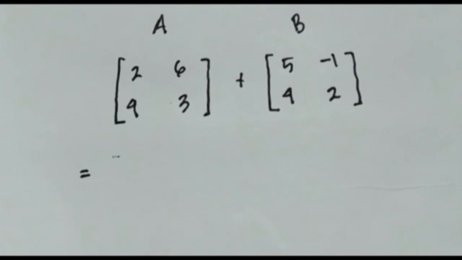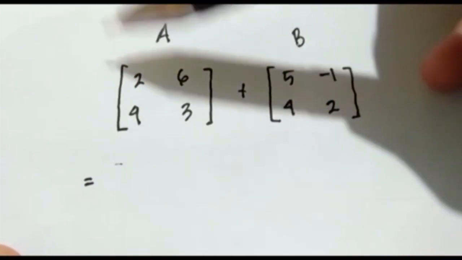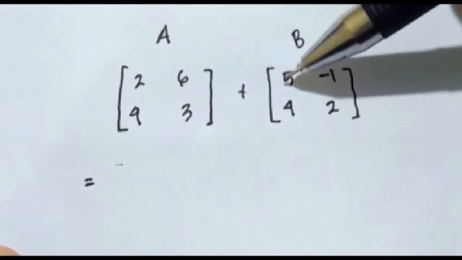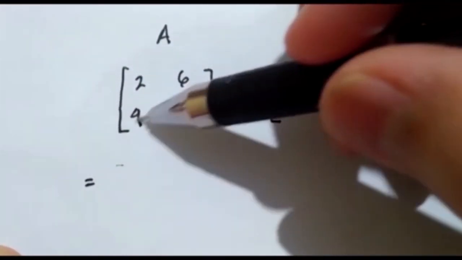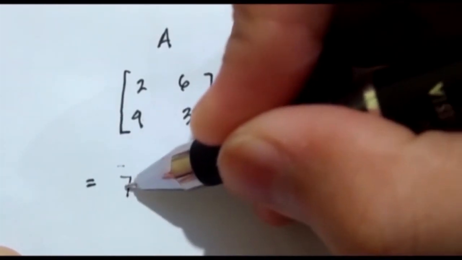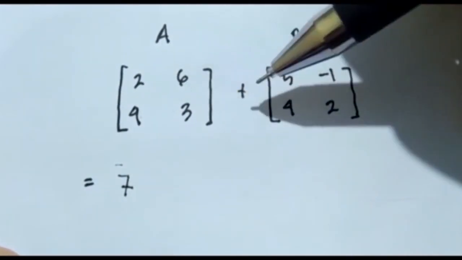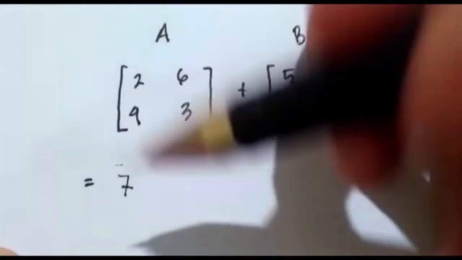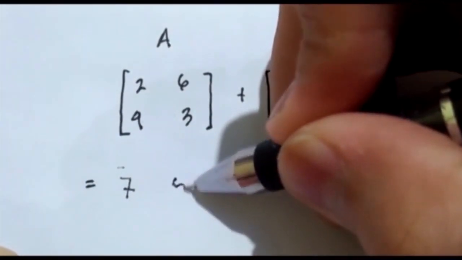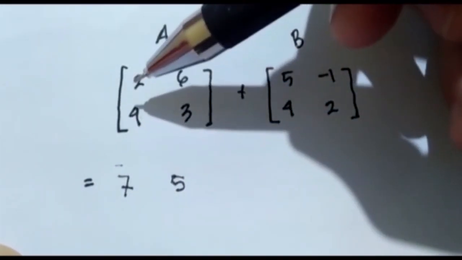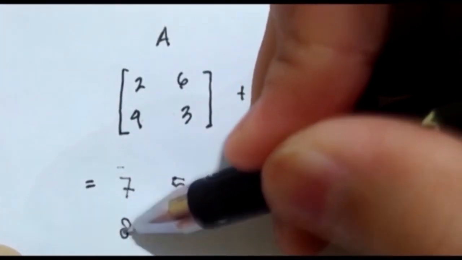Here's how we would add matrix A and matrix B. 2 plus 5, the sum is 7. 6 plus minus 1, the sum is 5. 4 plus 4, the sum is 8.